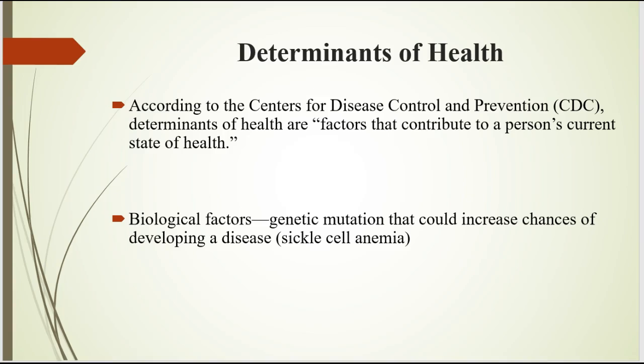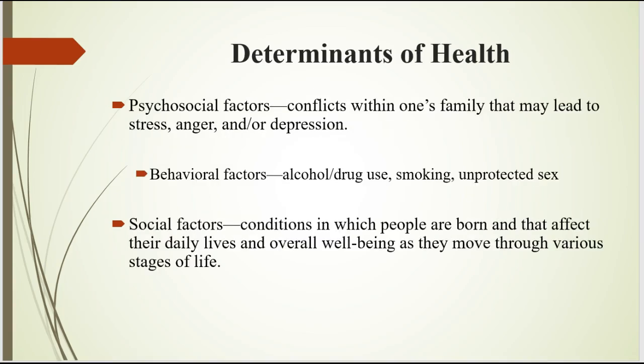Moreover, there's a growing recognition that a broad range of social, economic, and environmental factors really shape individuals' opportunities and barriers to engage in health behaviors. So these different factors include biological factors, then on slide 7, psychological factors, as well as social factors.